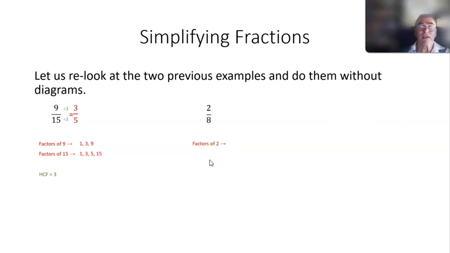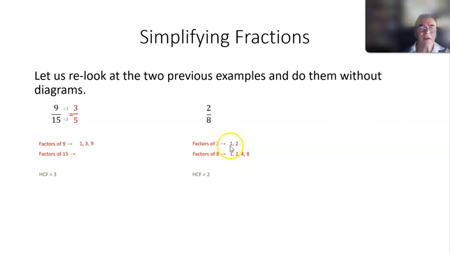Our second example that we looked at before with our diagrams was 2/8. The factors of 2, the numbers that multiply together to give 2, are just 1 and 2. The factors of 8 are 1 and 8, and 2 and 4. The largest one that's common to both, our highest common factor, is 2.